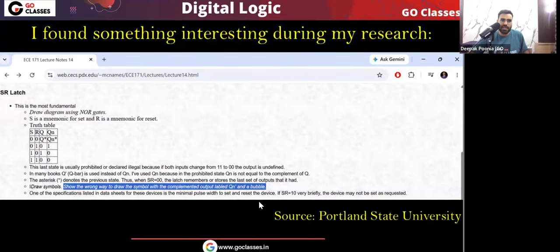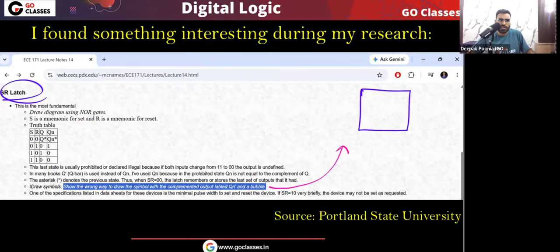See, they are explicitly writing this on this link at Portland State University. They are explicitly writing that if you make the logic symbol like this for an SR latch, and actually they are discussing the SR latch, but basically the same thing applies to the SR flip flop, JK flip flop, like that.